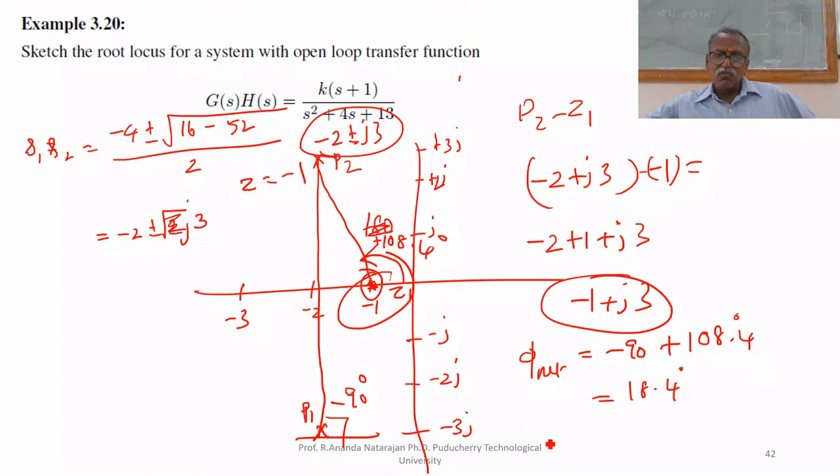Therefore, the angle of departure from P2 equals plus or minus (2q plus 1) multiplied by 180 plus 18.4 degrees.